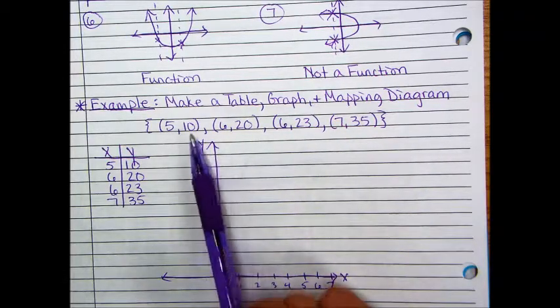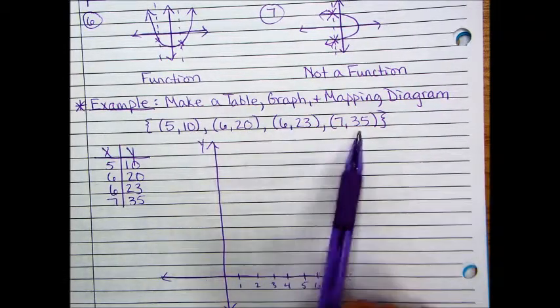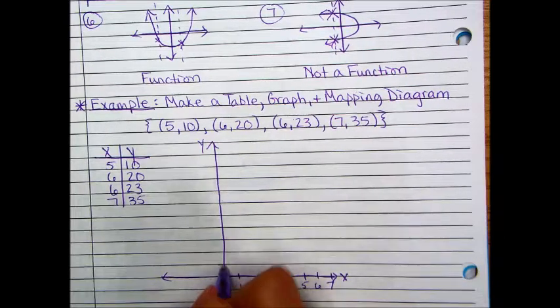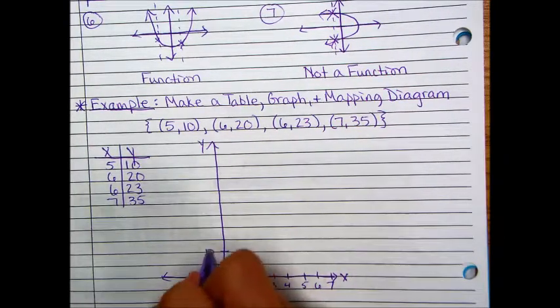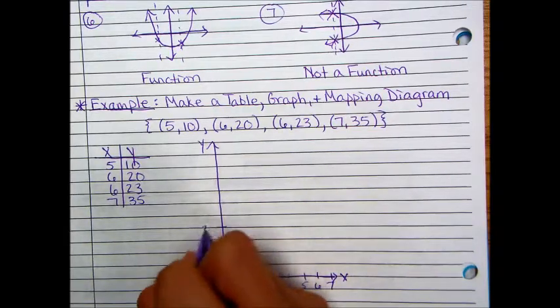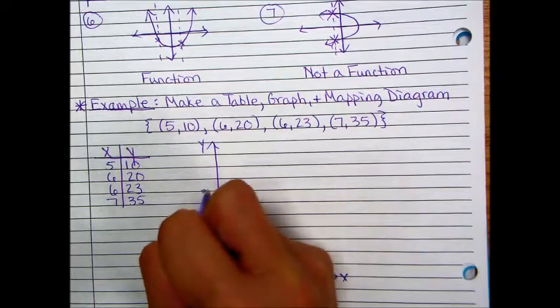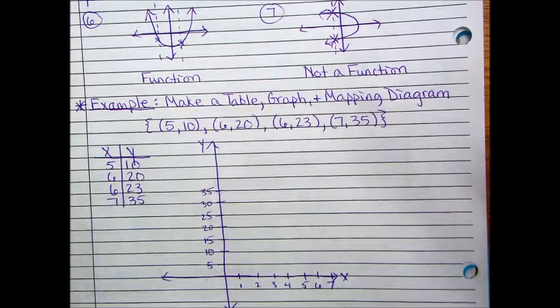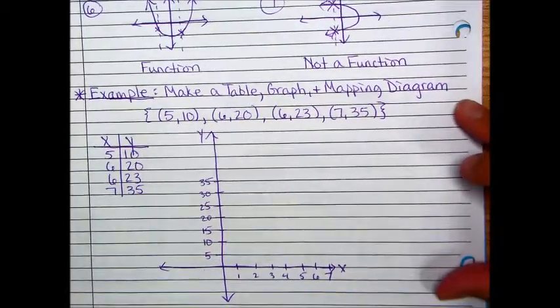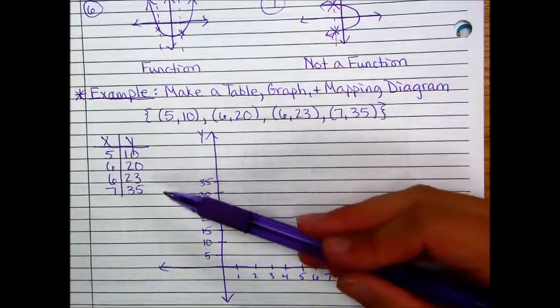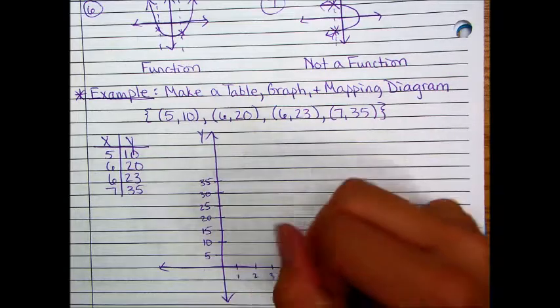But since my Y coordinates are like 10, 20, 23, 35, in order to get all the way up to 35, I'm going to choose to count by 5s here and do 5, 10, 15, 20, 25, 30, and 35. And so don't expect that these points are always going to line up. We're not graphing lines at this point. We're just graphing points of data. So these are going to be a little scattered across the grid here.